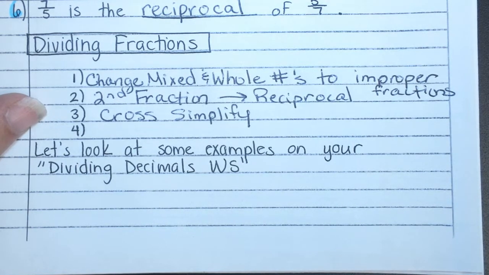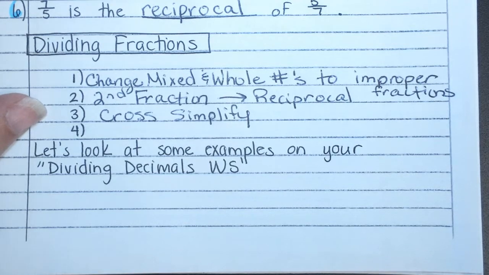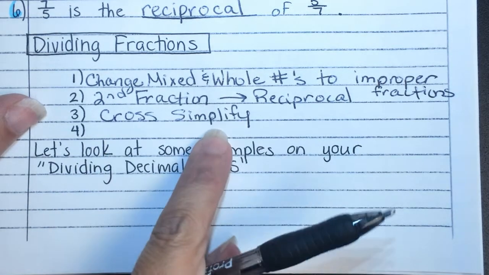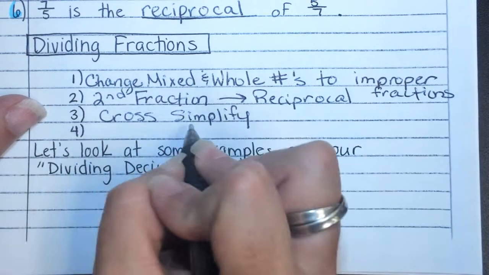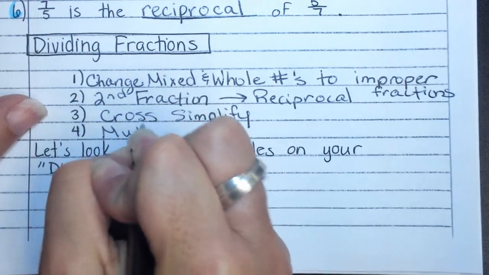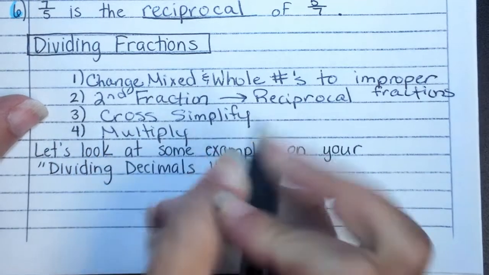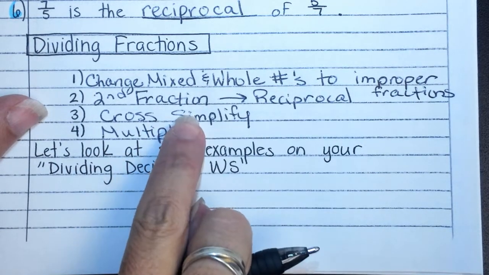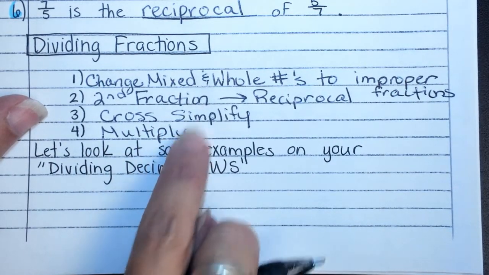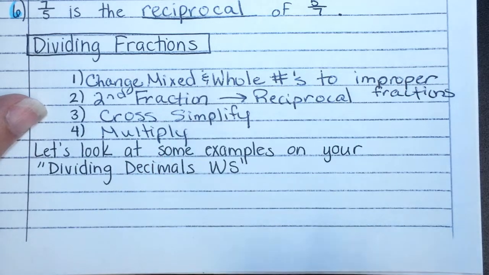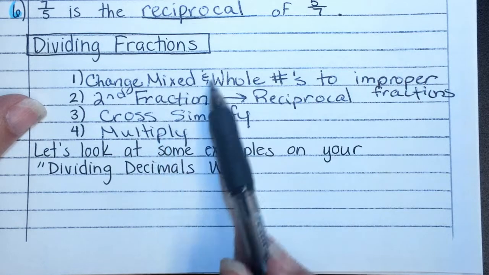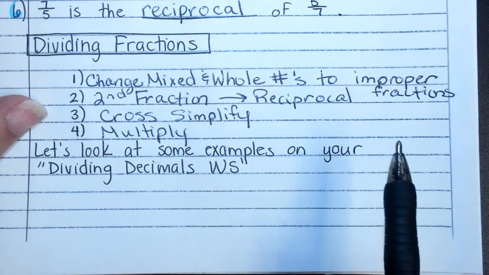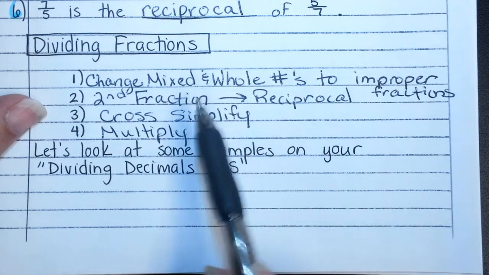But if you like the big numbers and you like to multiply straight across, your step would be multiply and then simplify. It's kind of up to you. It matters if you like cross-simplifying or not on those two. So I'll show you an example to kind of help you out. It's so easy. Like, this kind of makes it look scary because it's a lot of words, but it's real easy.